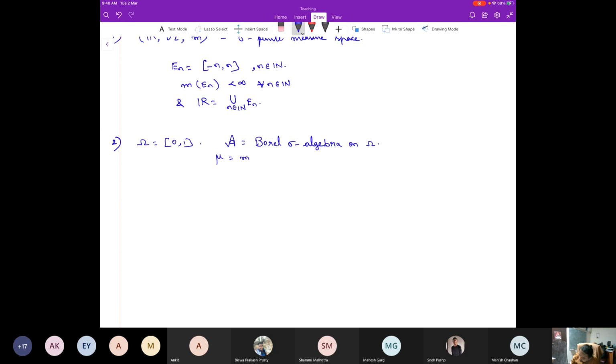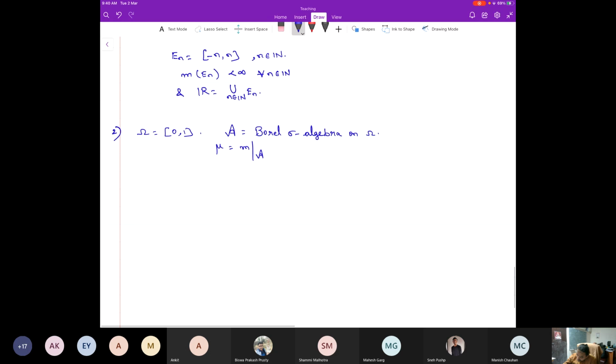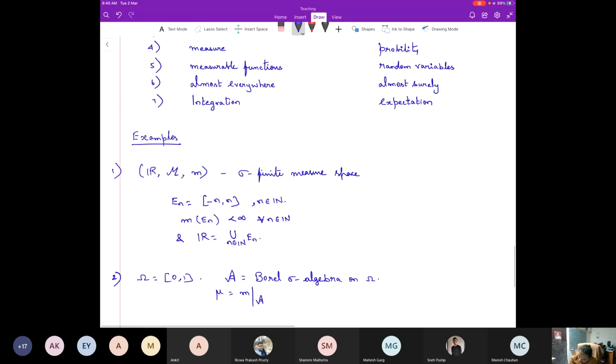Look at the Lebesgue measure restricted to A. Notice that the Borel sigma algebra is contained in the sigma algebra of Lebesgue measurable sets. A good exercise here is to show that script M is contained in BR. Sorry, the other way.